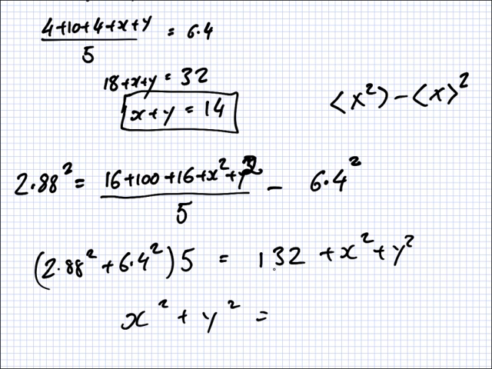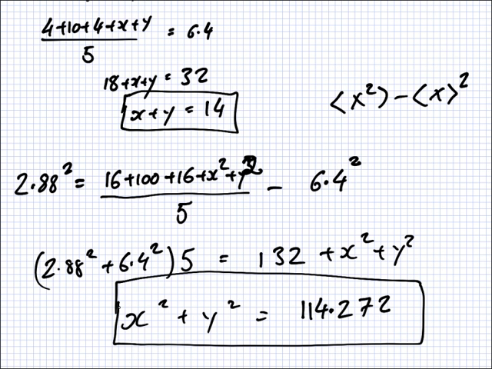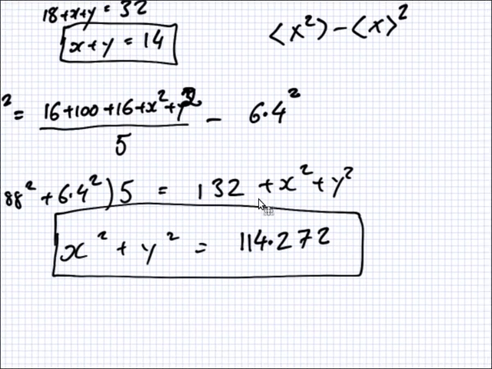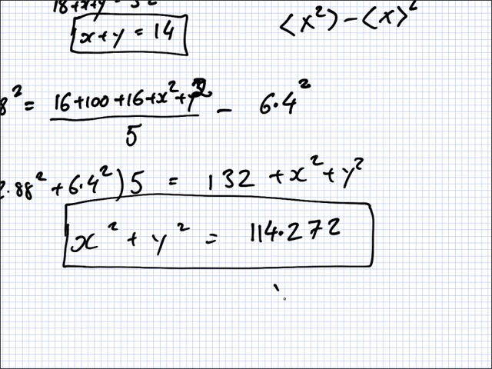After you minus the 132, 100 and 0.272. Yeah. Okay. Right, we've seen these types of problems before in algebra. What would be the best thing to do here? Substitute, very good. So we'll just say y equals 14 minus x and put that in.